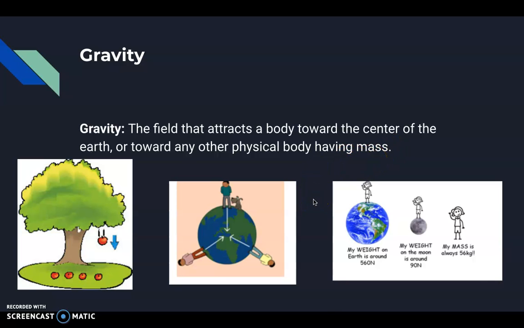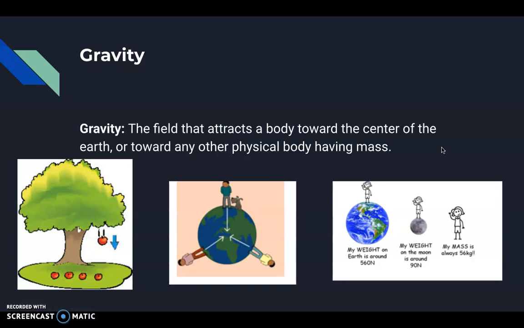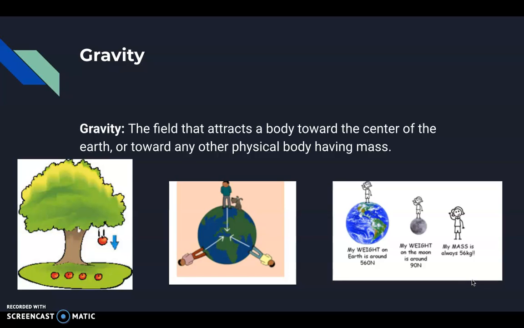Now, a very common misconception is the interchanging of the terms mass and weight. They're different. Mass refers to how many atoms are in an object, and we use grams to determine mass. Your weight is that mass times the force of gravity on the planet that you're currently on, which typically is Earth.